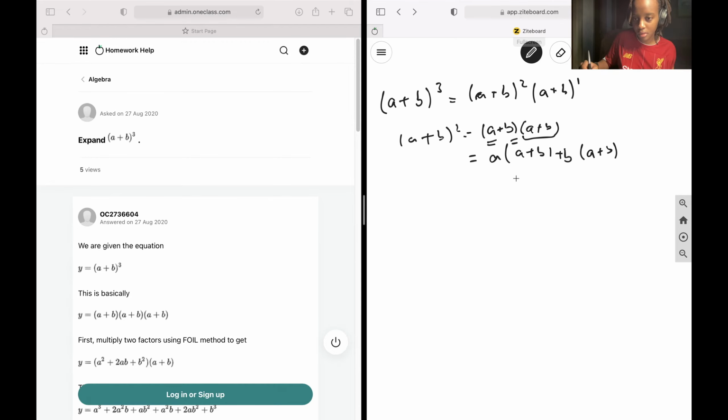With FOIL, that would be written as a by a plus a by b, plus b by a plus b by b, the second part.